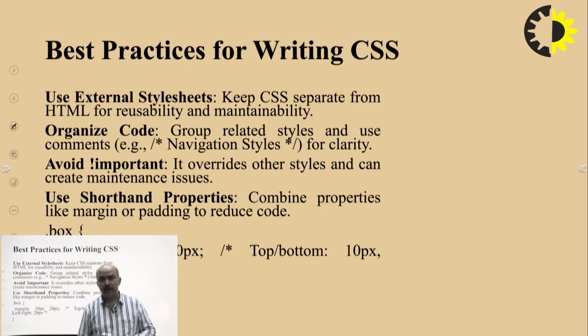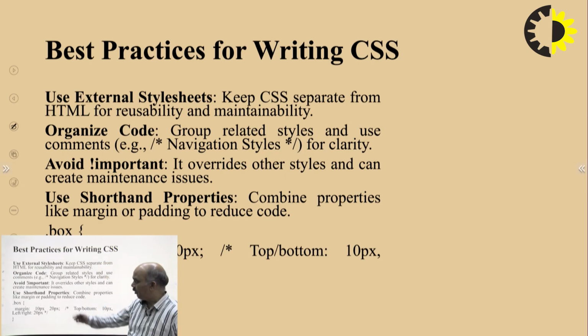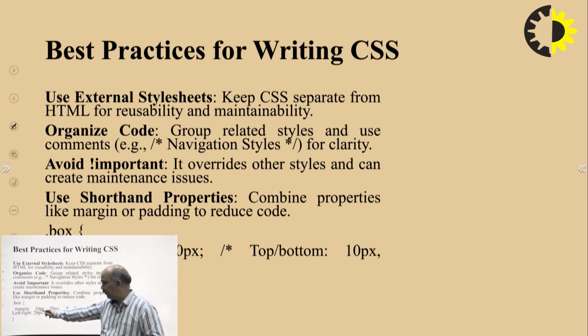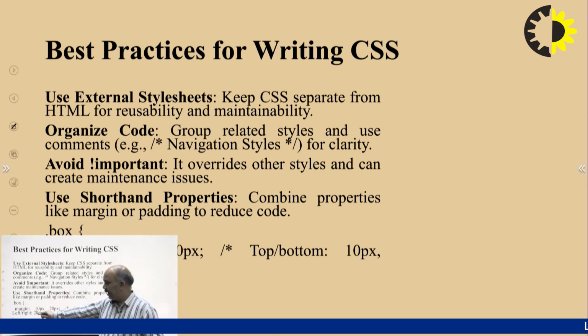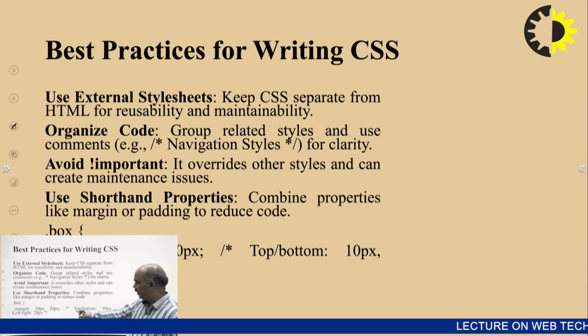Use shorthand properties. You can combine properties like margin or padding to reduce the code. In this example, we have a box where the margin is 10px and 20px. So let's suppose the top and bottom are 10px and the left and right are 20px.